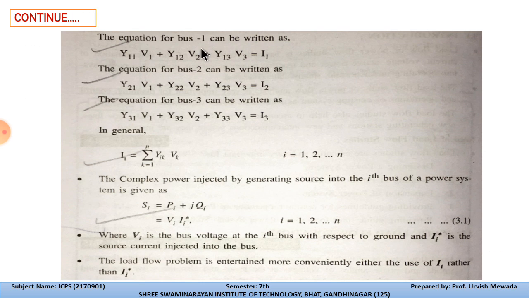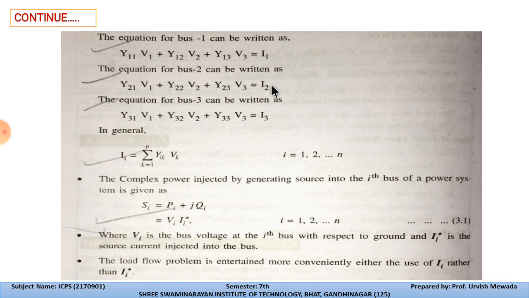The equation for bus 1 can be written as I is equal to VY. Here we have I1 is equal to Y11 V1, then Y12 V2, and then Y13 V3. From that matrix multiplication we can define the equation for I1.